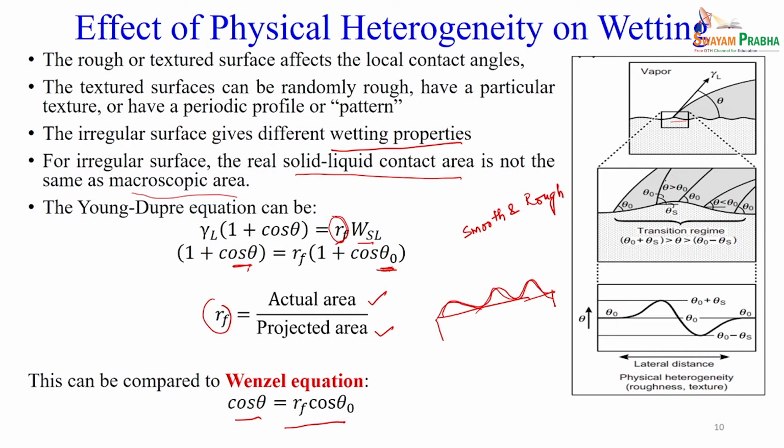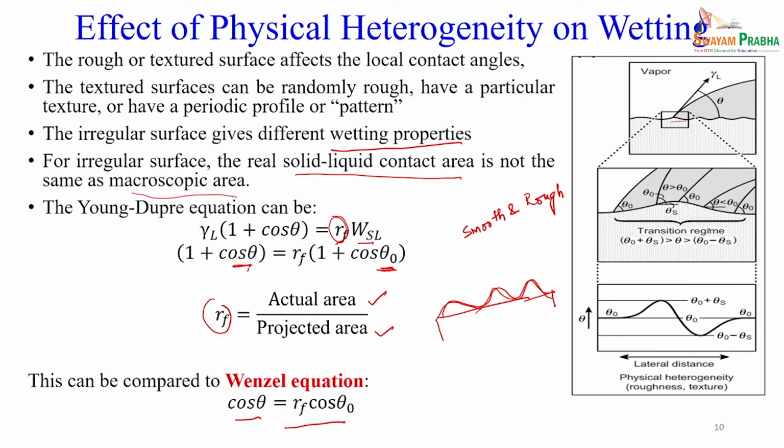If you go further on the heel and belly, then theta will be greater than theta 0. Then if you come to the same level surface, it will again be theta 0.